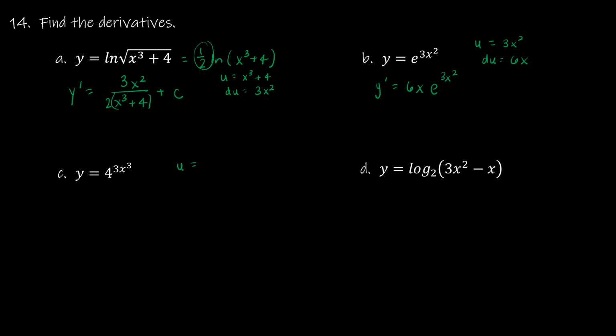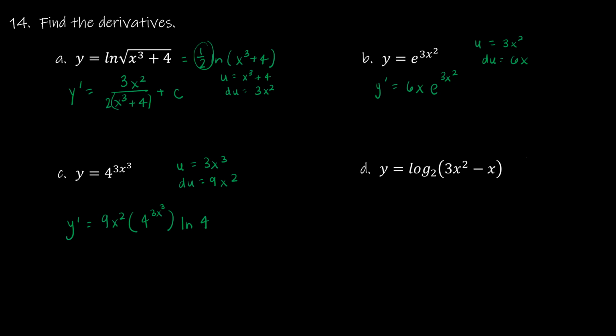Here I've got u is equal to 3x cubed, du is equal to 9x squared. So for this one, I'm going to include the derivative, 9x squared. I'm going to include the original function, 4 to the 3x cubed. And then because the base is 4, it's then times the natural log of 4.